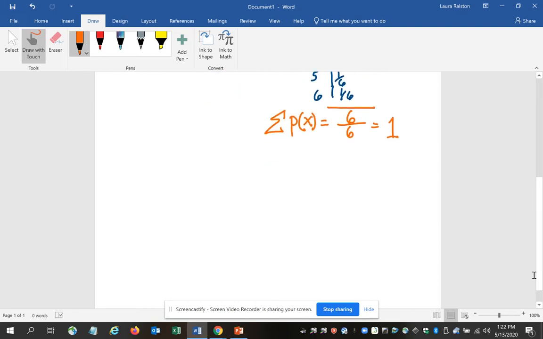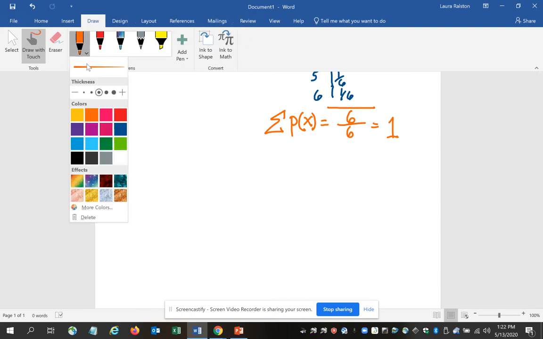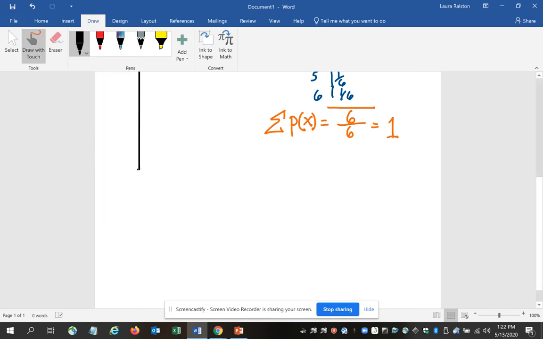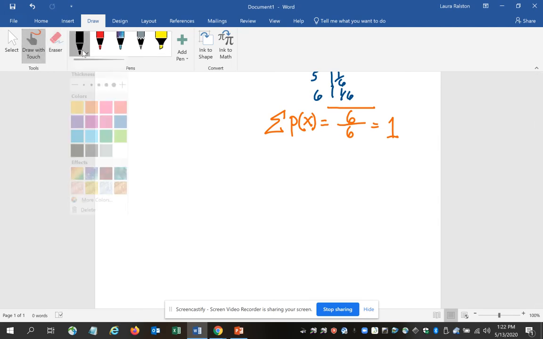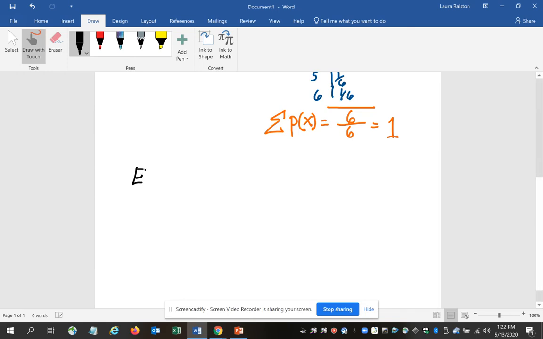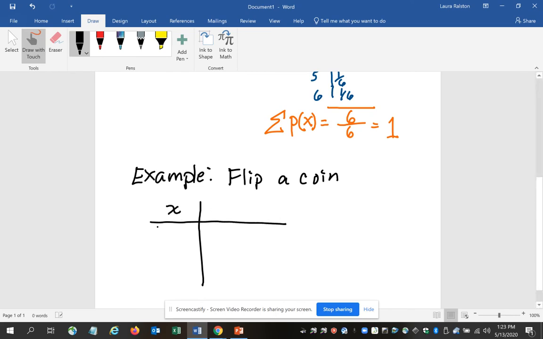Again, if you want another example, let's think about the example of flipping a coin. Hopefully you know that when you flip a coin, the outcomes are you're either going to get a head or you're going to get a tail.